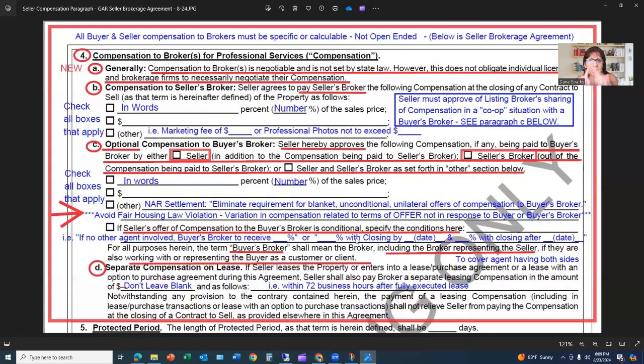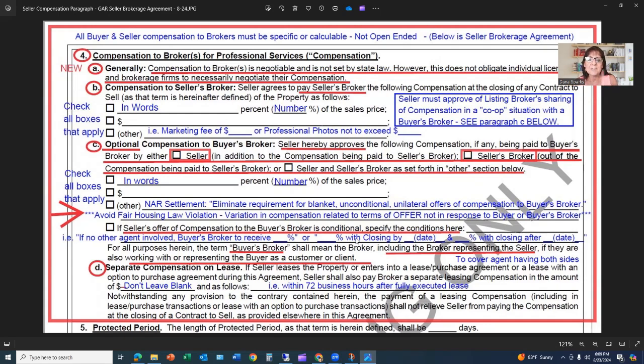If it's one broker and two agents and each agent has a client relationship with their party, that's designated agency. If there is one broker and one agent and that agent has a client relationship with both parties, that is dual agency. Now, dual agency is legal with disclosure and written agreement. However, your broker may not allow it as a policy.